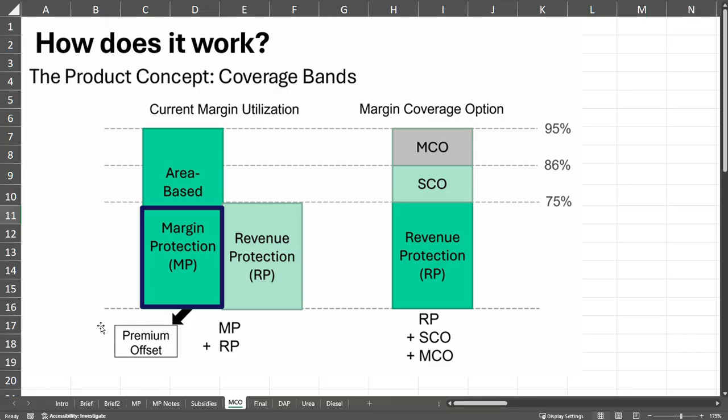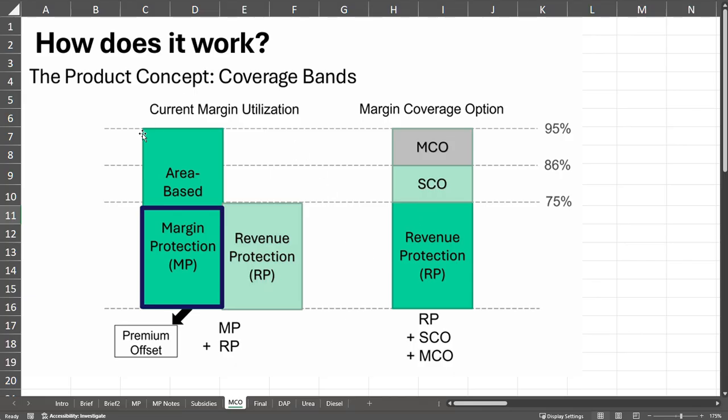So depending on how your yields correlate with the counties, they're going to discount your revenue protection policy if you take margin protection. What's different about the margin coverage option is that it stacks up on top of your existing RP policy. Along with your SCO, if you take SCO, it goes on top just like an ECO product. So we cannot take MCO and ECO, but we can take MCO partnered with an SCO. A lot of acronyms there, I know.